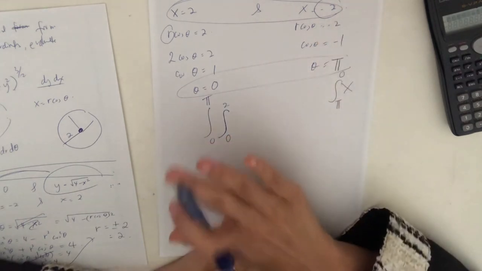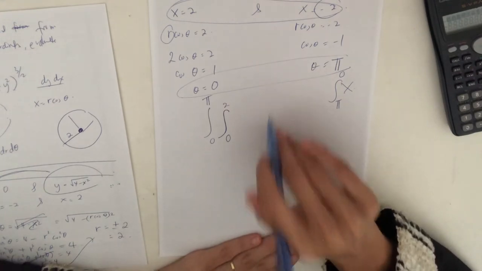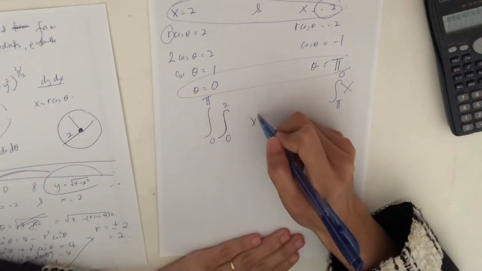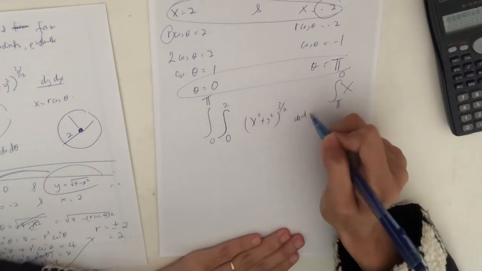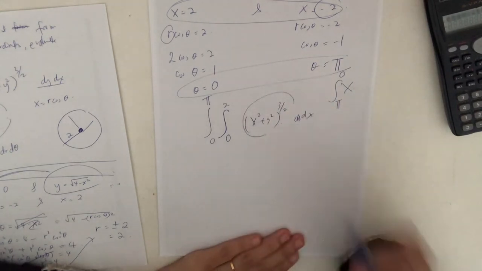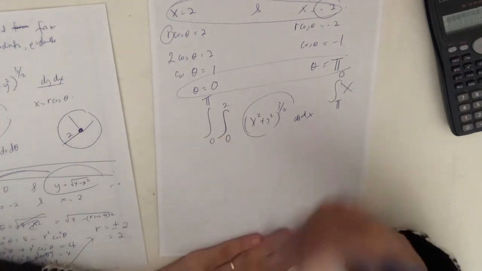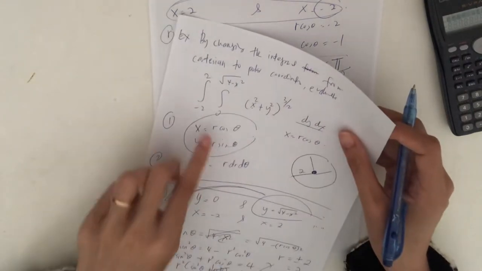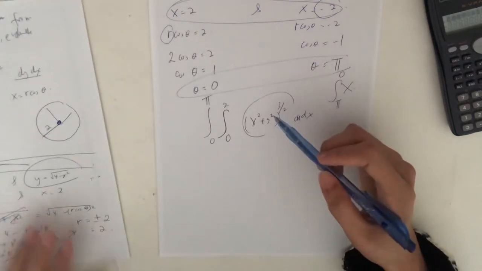Okay, so now we settle the limit. Now the function inside here. You have x squared plus y squared to the power 3/2 dy dx. This one, xy, we don't want xy anymore. So you just replace. Just follow the same steps that you did before this.